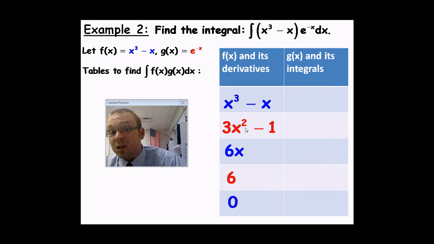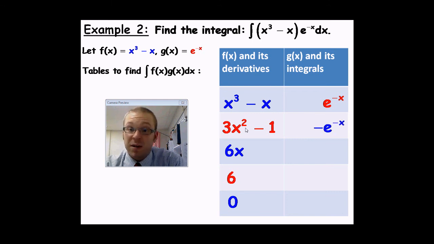Now we can take a look at g of x. G of x was chosen in a way that you're going to see a pattern here. There's going to be some repetition. So we chose our g of x to be e to the negative x. Our integral of that is negative e to the negative x. And if you ever doubt that, just take the derivative of negative e to the negative x and make sure it gives you e to the negative x. You can just work backwards and make sure that my answer makes sense.